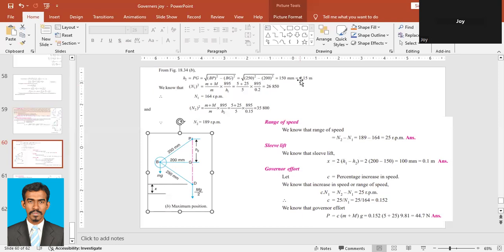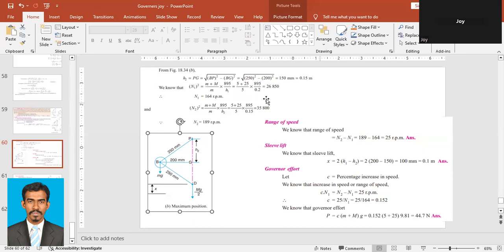From these heights we can find the N, RPM, from the equation. We simply apply the equation for N1 squared, at the position where the radius is R1. N1 squared is equal to (m plus M) upon m into 895 by H1. Small m is given 5 kg, capital M is given 25 kg, small m again 5 kg, 895, and H1 we have already found 0.2.